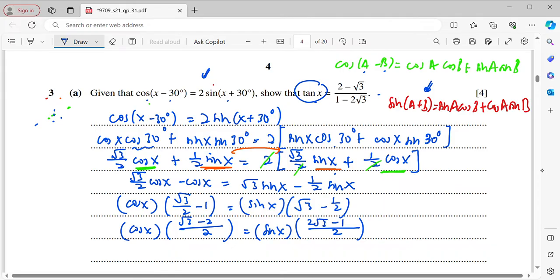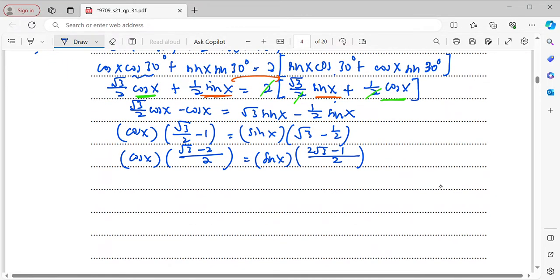Now, to get the tangent, we know that tangent x is sine x over cos x. So I will divide the whole equation by cos x. So I will be getting square root 3 minus 2 over 2 equals sine x over cos x. It will be the tangent x here on the right side.